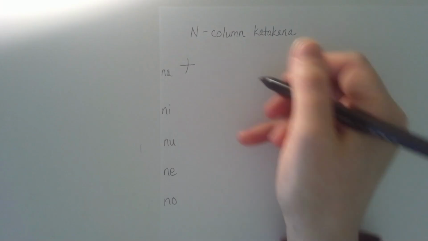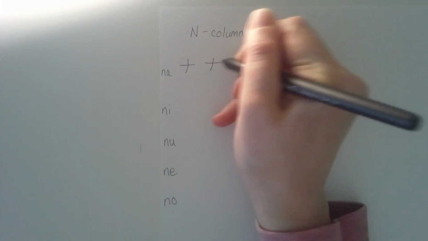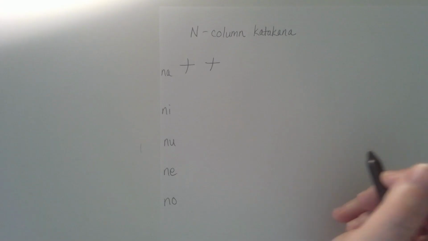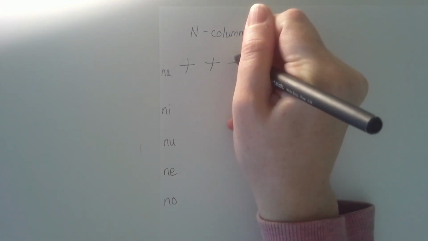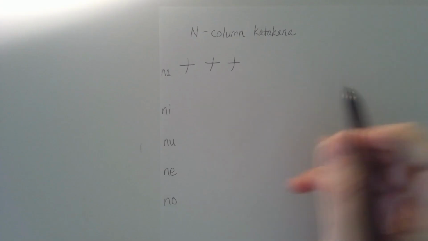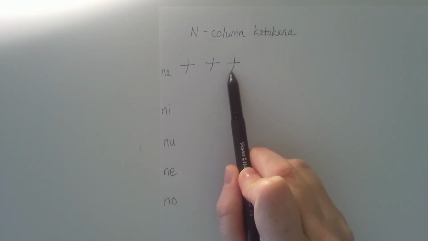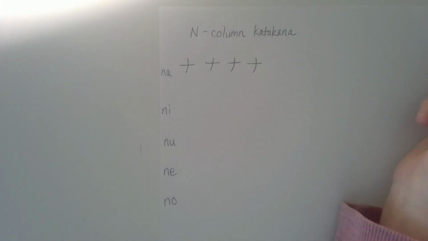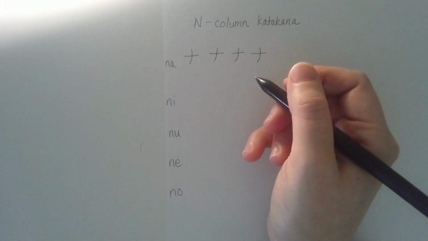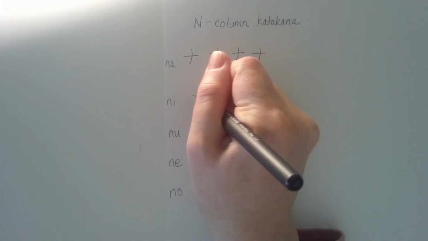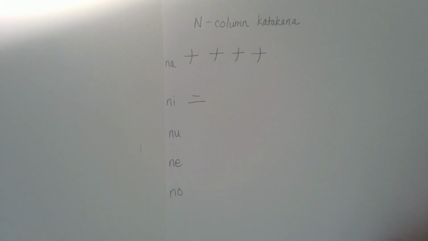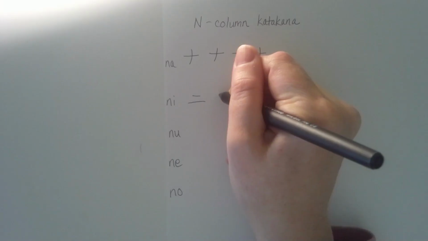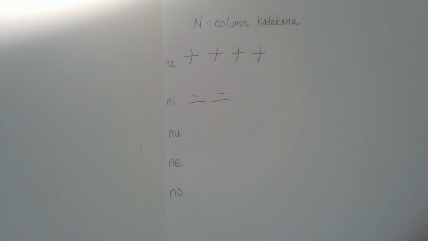Let me write na, ni, nu, ne, no. So na is a line across and a line down. It's not just a plus, it is curved to the left a little bit. Okay, and that's na. Ni is like that. It's just two lines and the one under it is longer.